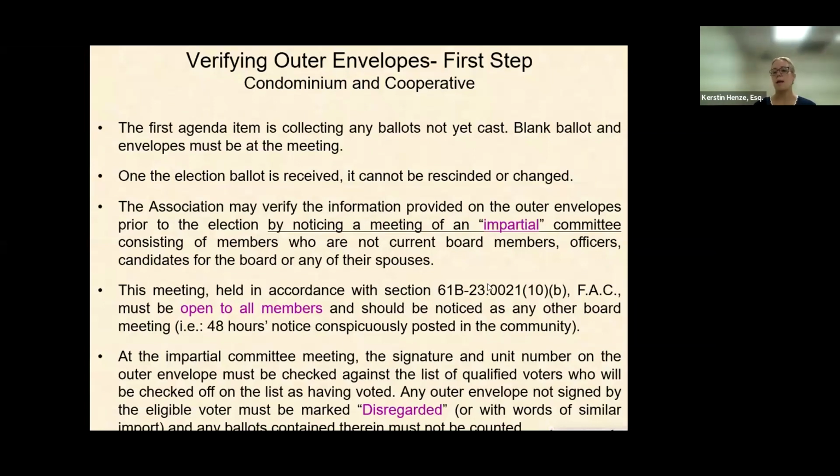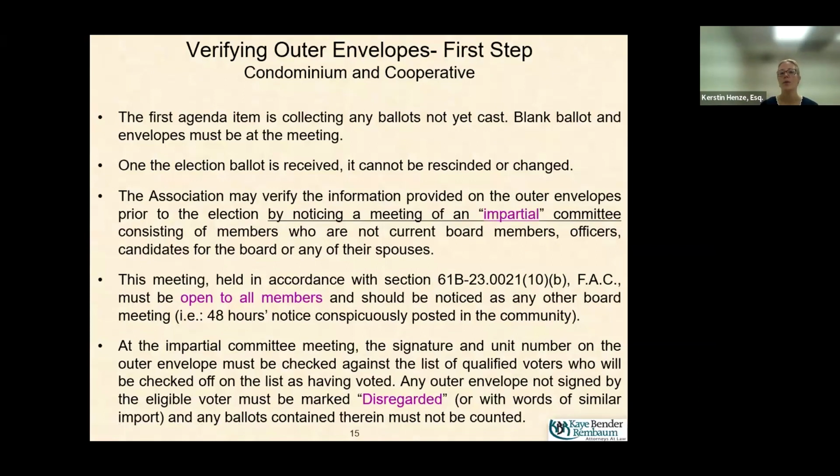If you are able to get an impartial committee, then you can notice a meeting of the committee prior to the election meeting, with notice posted on condominium property at least 48 hours prior to your meeting. That meeting is open to the membership, just like any other board meeting. Owners can attend and basically watch how the committee verifies the outer envelopes.